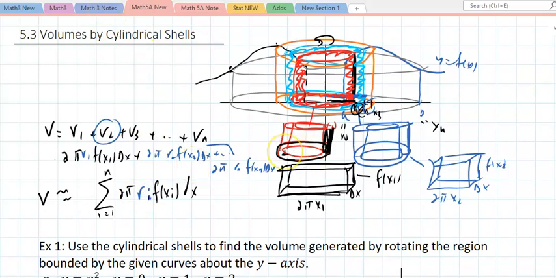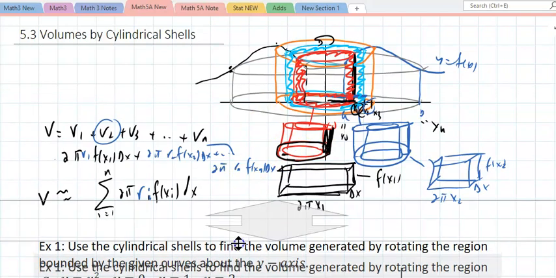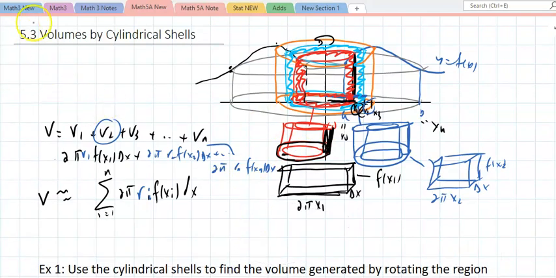And this is roughly an approximation, because the height is varying slightly. You notice the height is tilting, right? So it's not really flat.